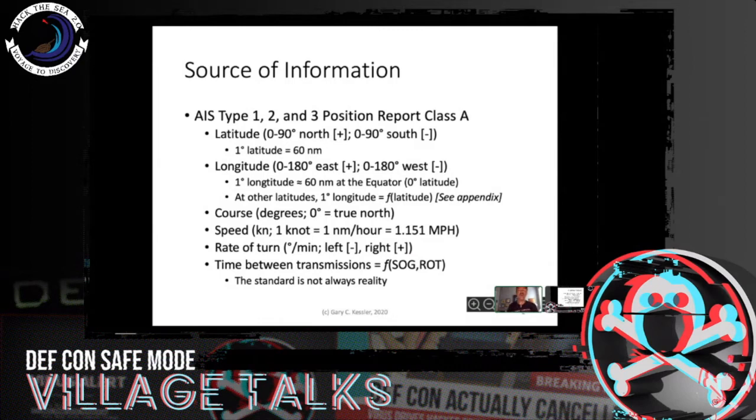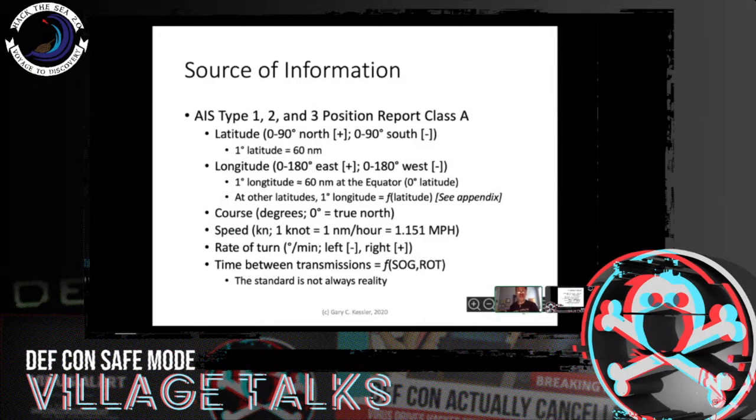But for any other latitude, the linear distance of a degree of longitude is going to be some function of the latitude. Think about a globe. As you get closer and closer to the North Pole, 1 degree of longitude gets to be almost nothing, whereas 1 degree of longitude at the equator is 60 nautical miles. Anyway, I mentioned that later on.